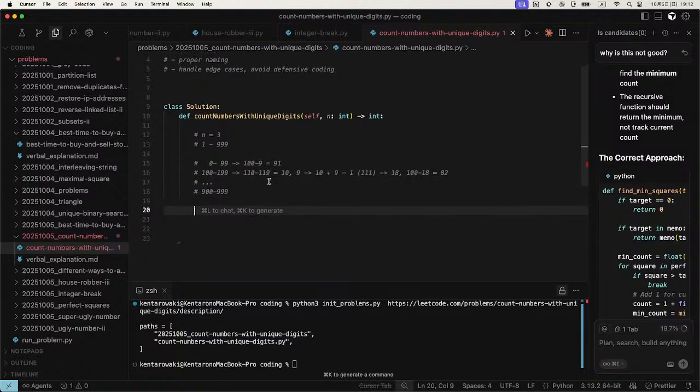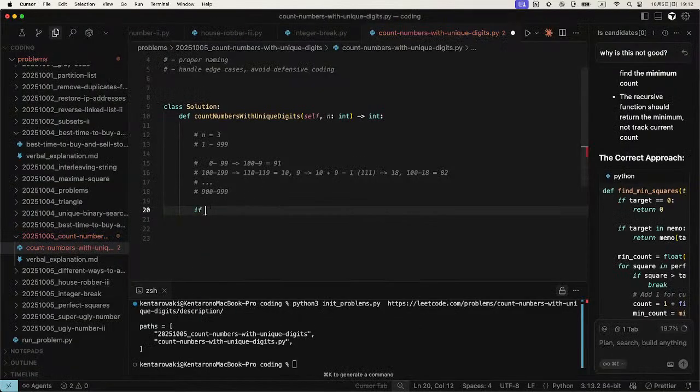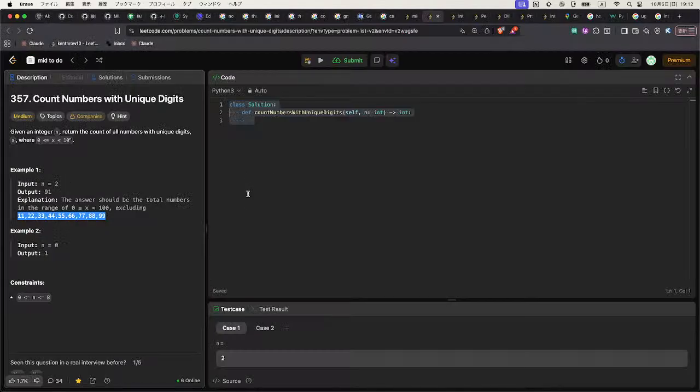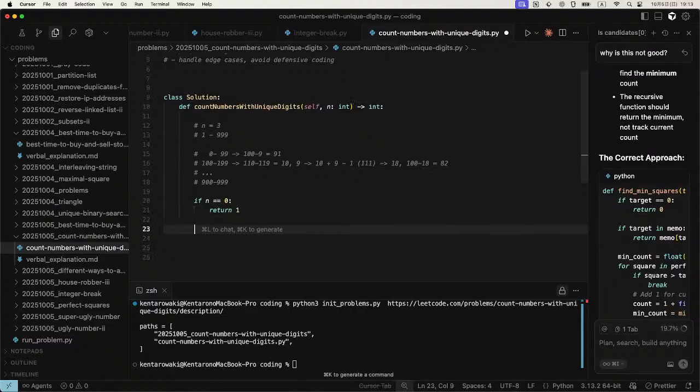Bottom-up approach would be fine here. First of all, if n is 0, the range is 0, so the output is 1. N is 1.